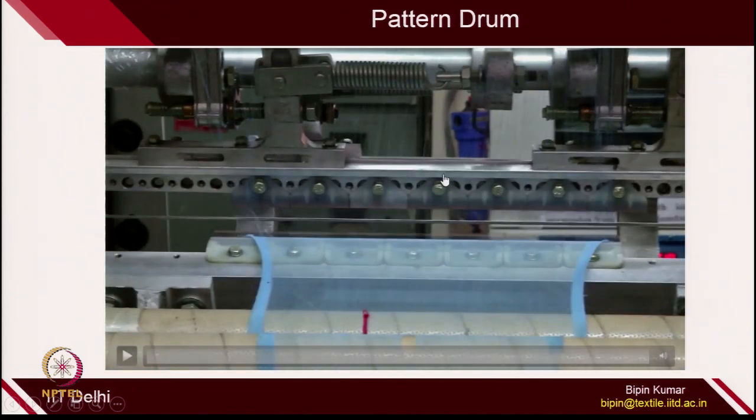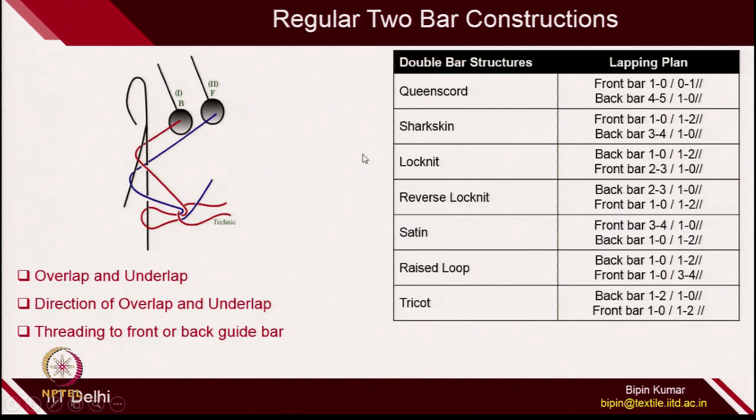In the previous class I talked about single bar structures and two bar structures. In two bar structures, some of the popular generic names are Queenscord, Sharkskin, Locknit, reverse Locknit, Satin, raised loop and Tricot.